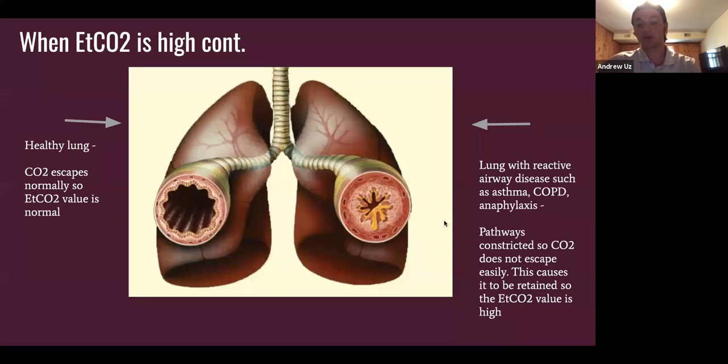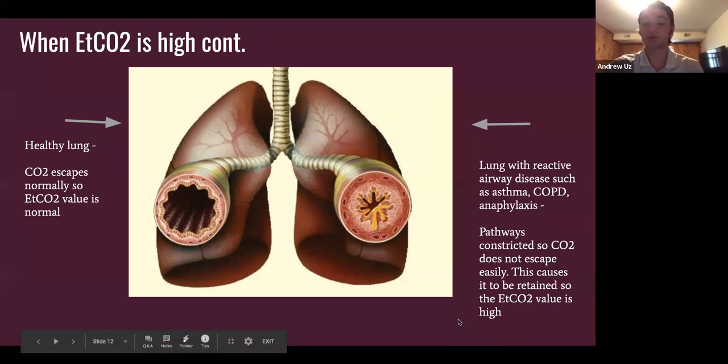And you can see that the airway passage is constricted. So what's happening here is that the CO2 is still being produced because the cells are still running. It's just a matter of it can't escape. It builds up, and so this is going to cause your value to be high. So if you see an asthmatic, they could have a hard time getting CO2 out. They're building it up, and they have a sky high end tidal CO2 reading.